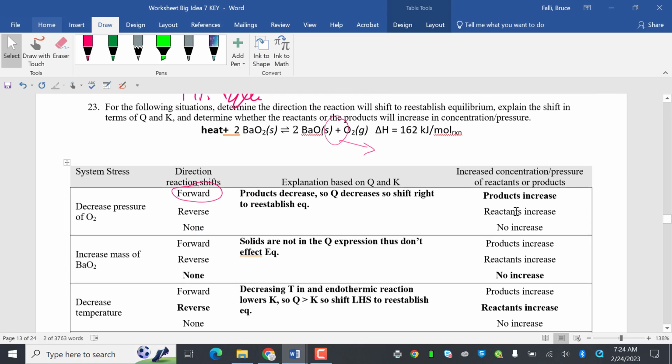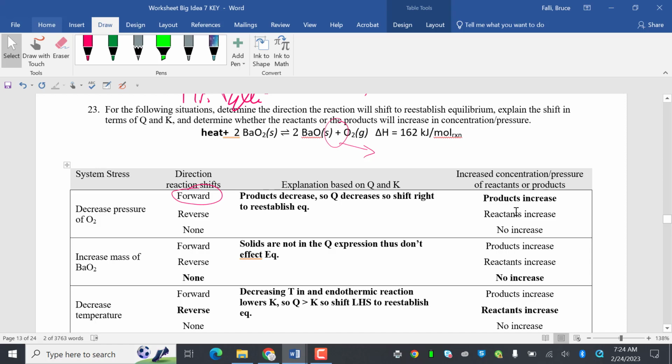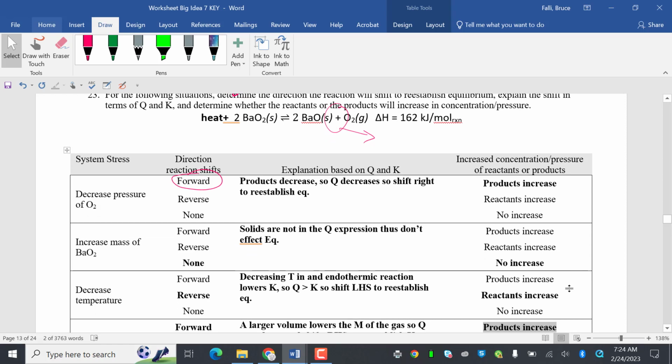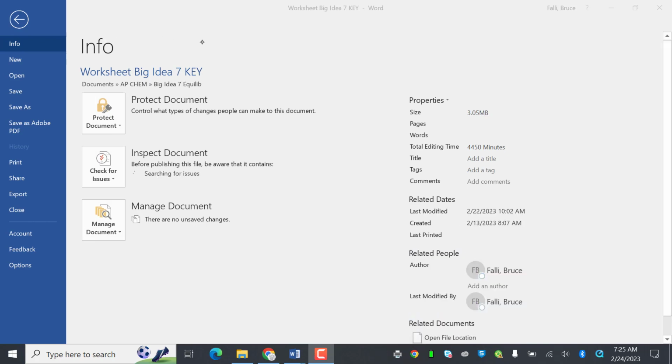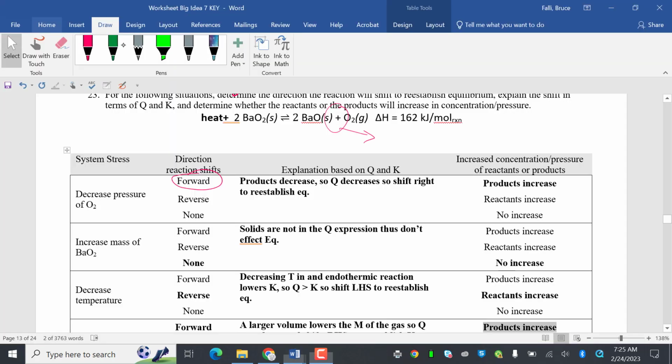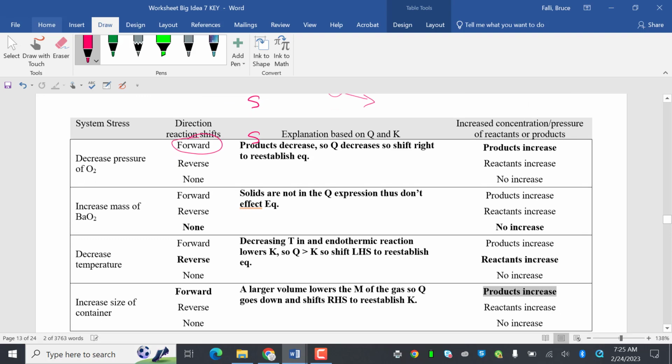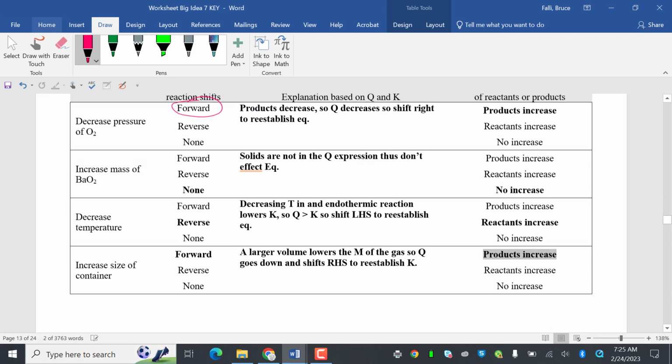Now, if it says concentration or pressure of the reactants, technically I could say the pressure and concentration doesn't change for BaO, because this is only a solid, the pressure or concentration will never change.